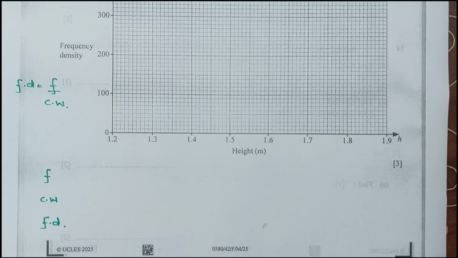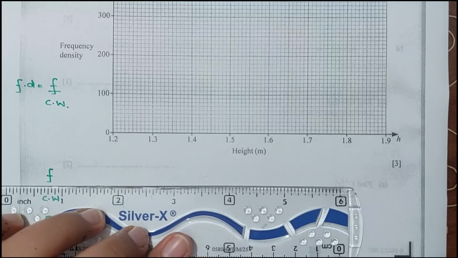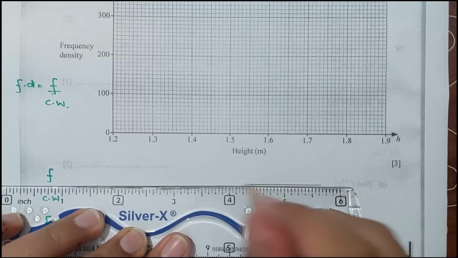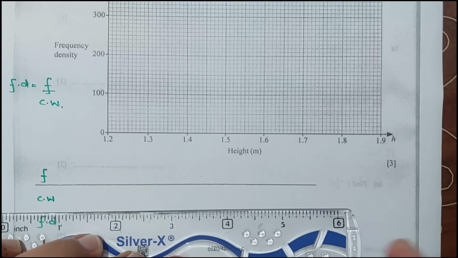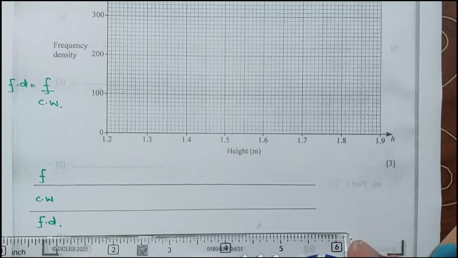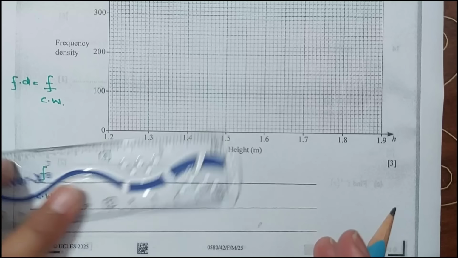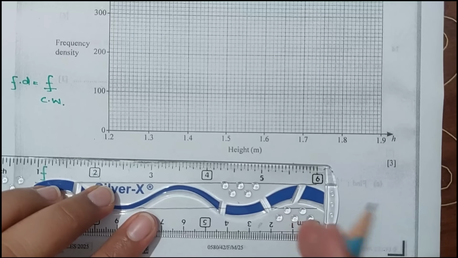Let me make a table for all of it. One, two, three, four, I guess. Here we have to write down the frequencies, their class widths, and their frequency densities. Frequency density is frequency over the class width. Okay, make the top line.